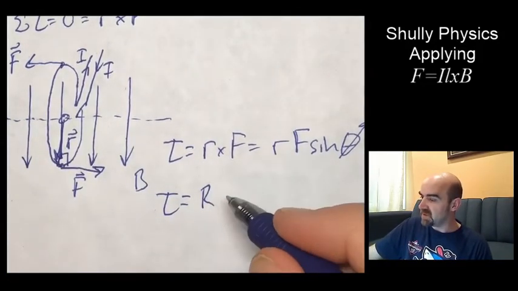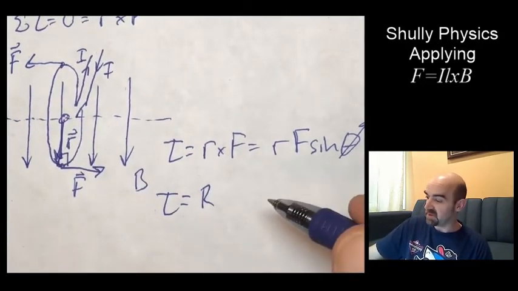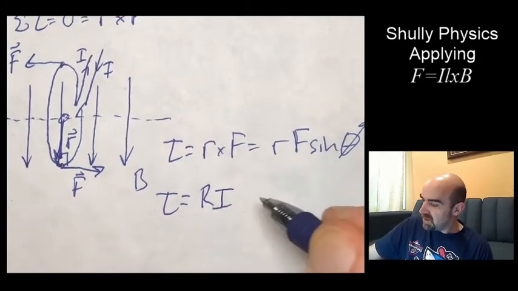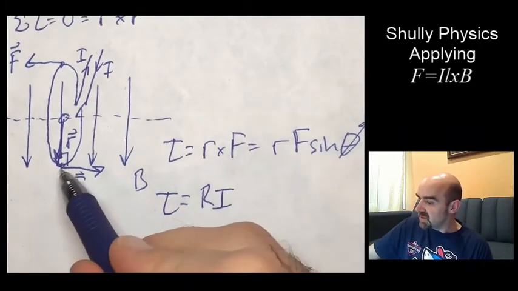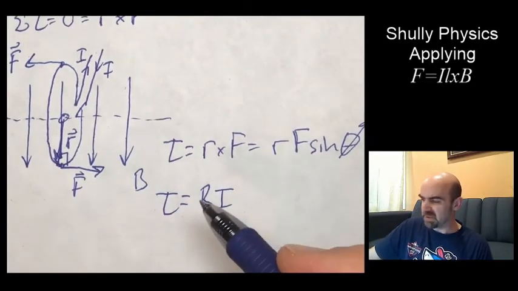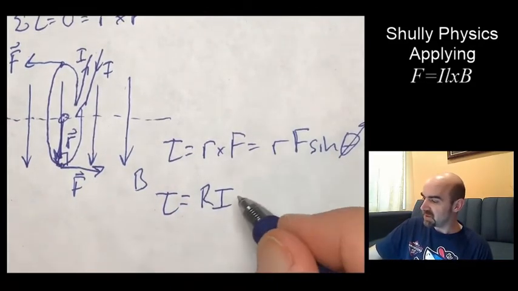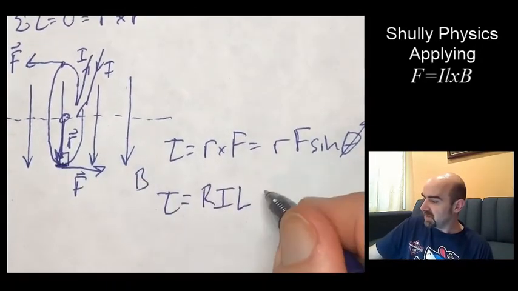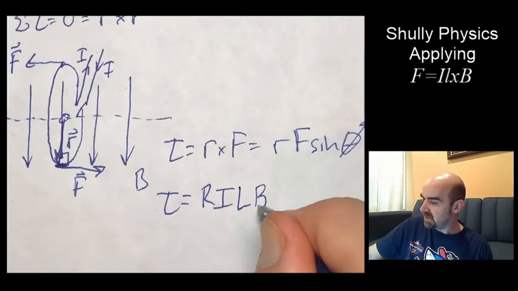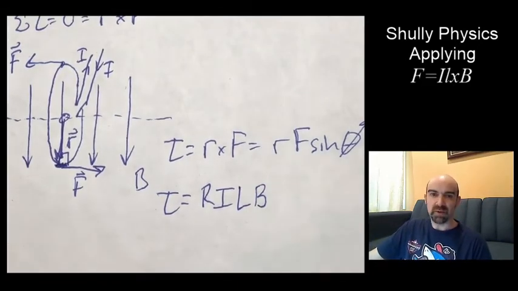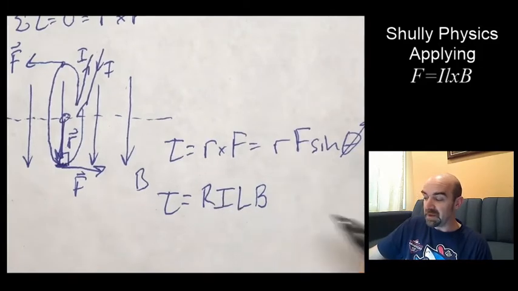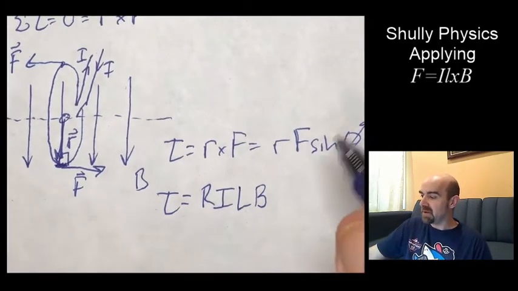F is the magnetic force on the wire, so that is ILB. At this little piece here, whatever length that might be, we'll call it L, a little segment L, and ILB. So we get a little torque there: the torque would be r times ILB. We've got a magnitude of the torque.